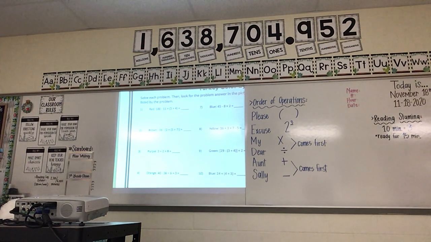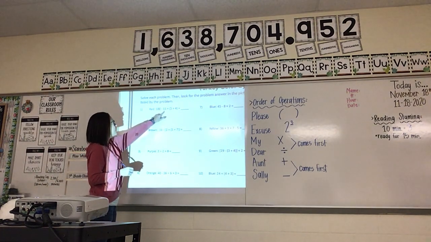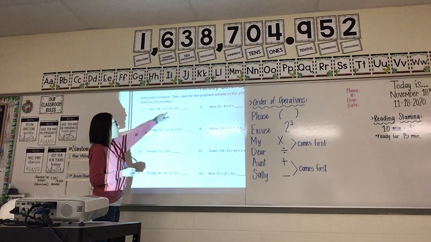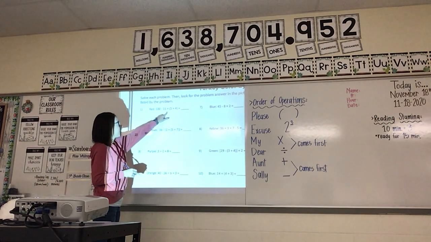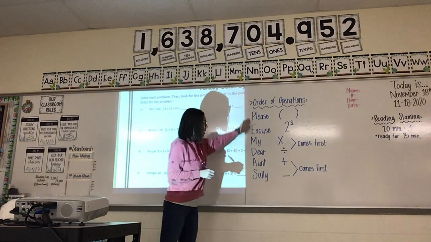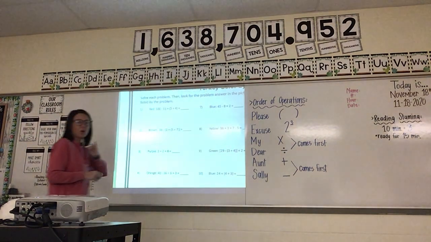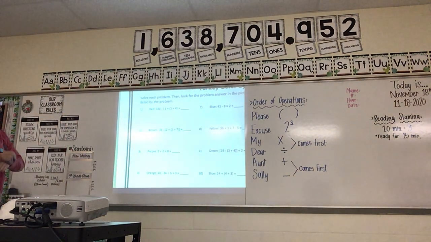All right, we are going to do number 1 first. So number 1 says 100 minus 11 times, and then in parentheses, I see 5 plus 4. So I'm going back over here to my order of operations. Parentheses have to come first, and we have some parentheses, so we have to do what's in the parentheses first.